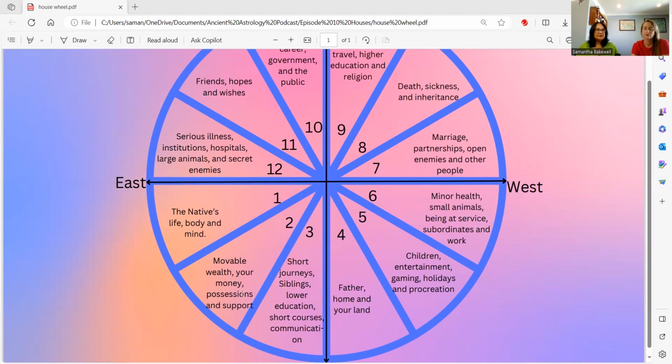Your possessions and support. So the third house: short journeys, siblings, lower education, short courses and communication. Short journeys can be out of your routine, or it can actually be your routine, like just traveling to work back and forth, or going from here in Perth, doing a 2-hour trip down to Busselton.